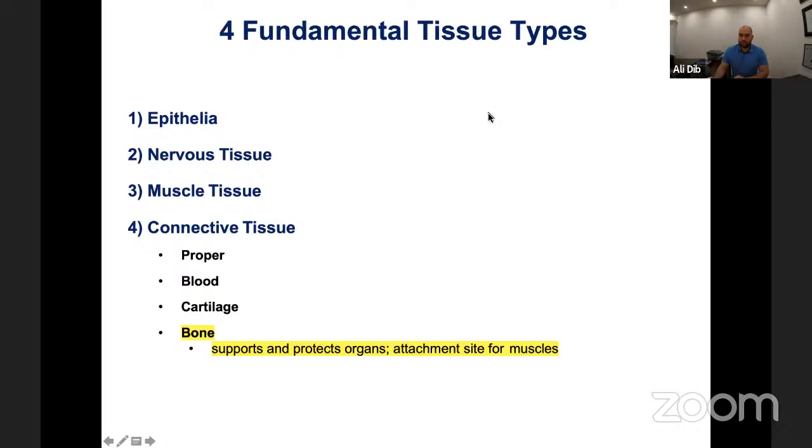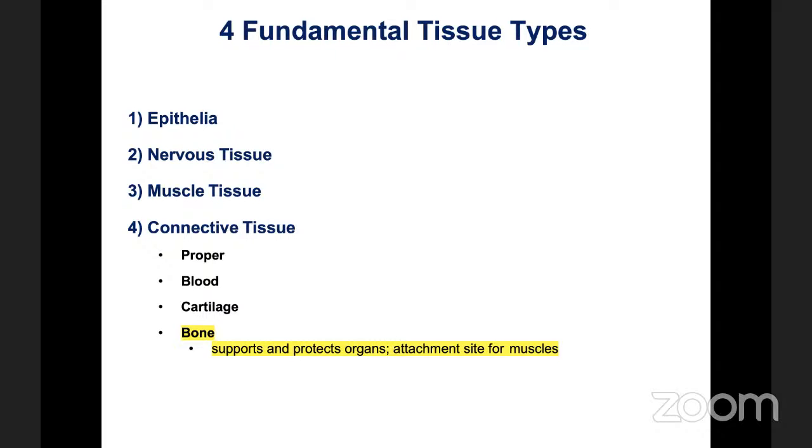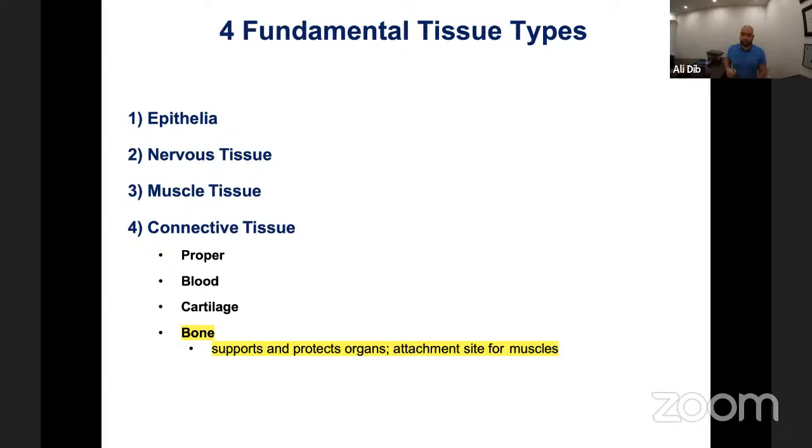We talked last time about the 4 fundamental tissue types that we have in the human body. This includes the epithelia, so your skin, nervous tissue, so all the nerves, the spinal cord, and the brain of the human body. We got muscle tissue, so the contractile elements, including tendons as well. And we also have connective tissue.